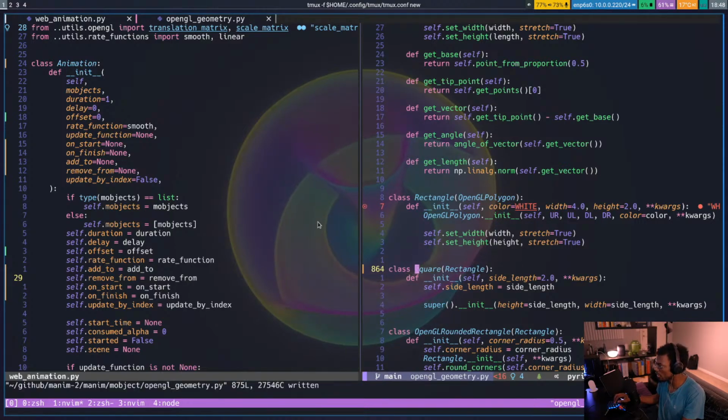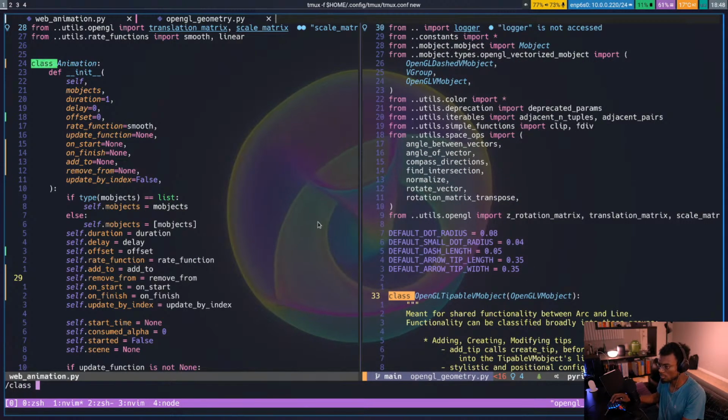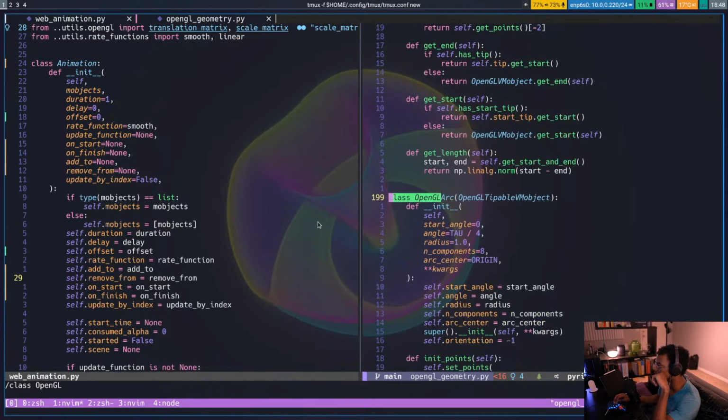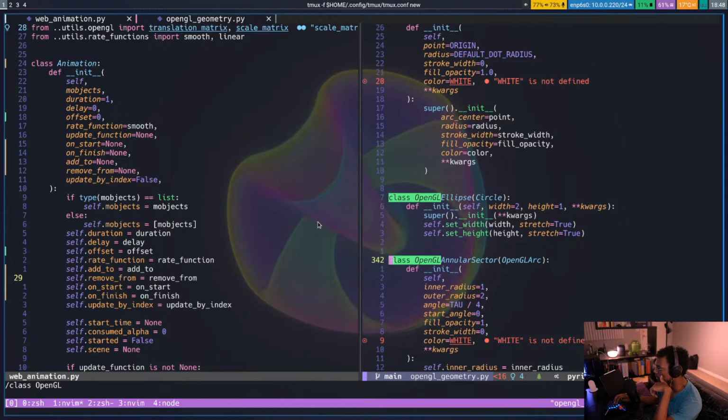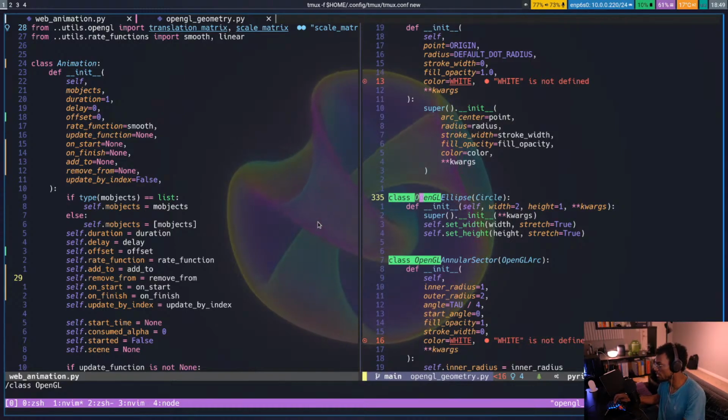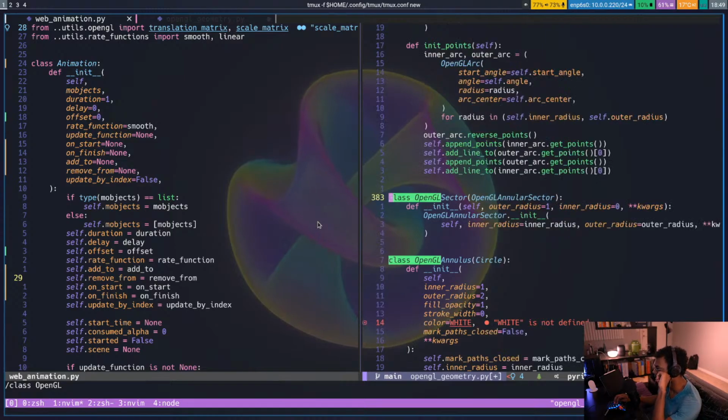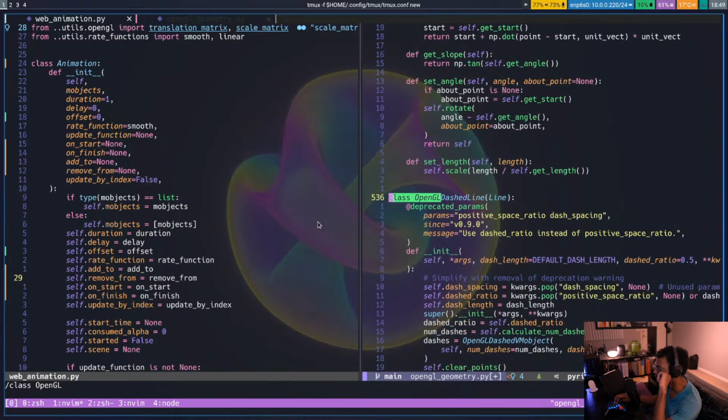I'll just rename that. I wonder if there's... What OpenGL things I want to rename here? Arc? A lot of these things aren't actually useful in OpenGL. Ellipse I should probably rename. Dashed line, probably won't need.